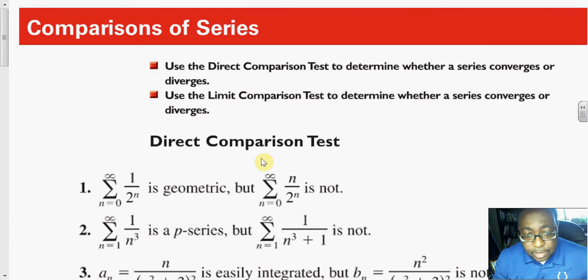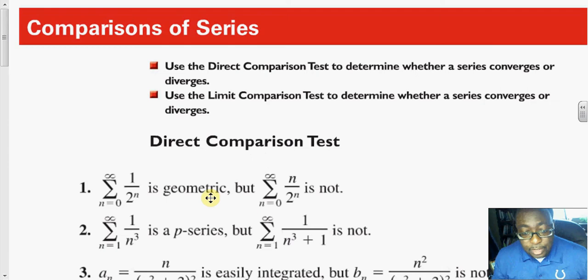Comparisons of series. We look at two tests here to determine whether or not a series is divergent or convergent. The first, direct comparison test, and then the second, limit comparison test. They both use a very similar idea: you want to know something about a known convergent or known divergent series to compare the given series with.